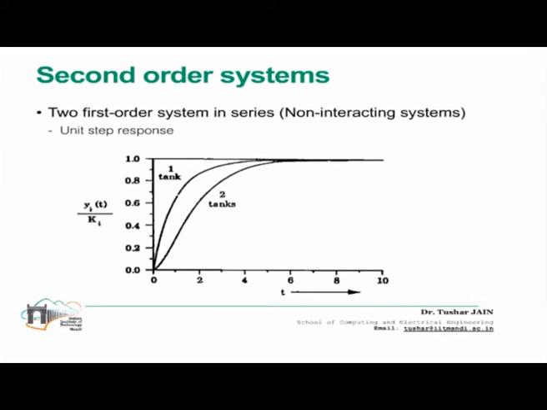Now the next factor comes, the inherent reluctance. What we have also seen for the first order system, the inherent reluctance will also be computed by a similar formula to what we use for the first order system.